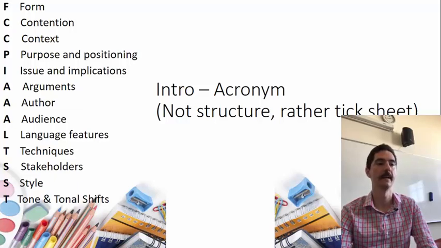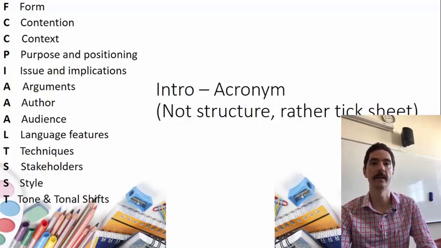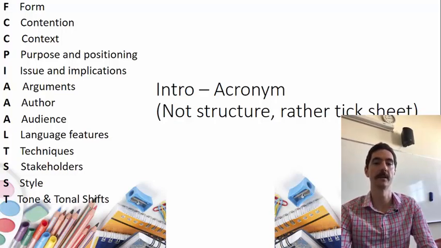So you might say, the author is a teacher and their 3 arguments are set out in a very clear sequential manner. And then you could connect that by saying, as a teacher, they probably are used to explaining things as clearly as possible. You might link, say, language features, so a lot of rhetorical questions are used, which fits well with the stakeholders, a stakeholder being a group who is interested in a certain issue.